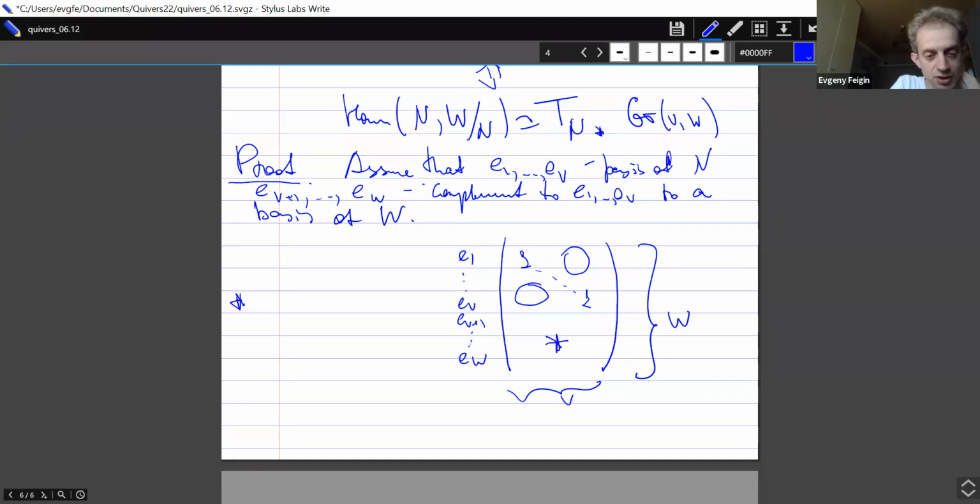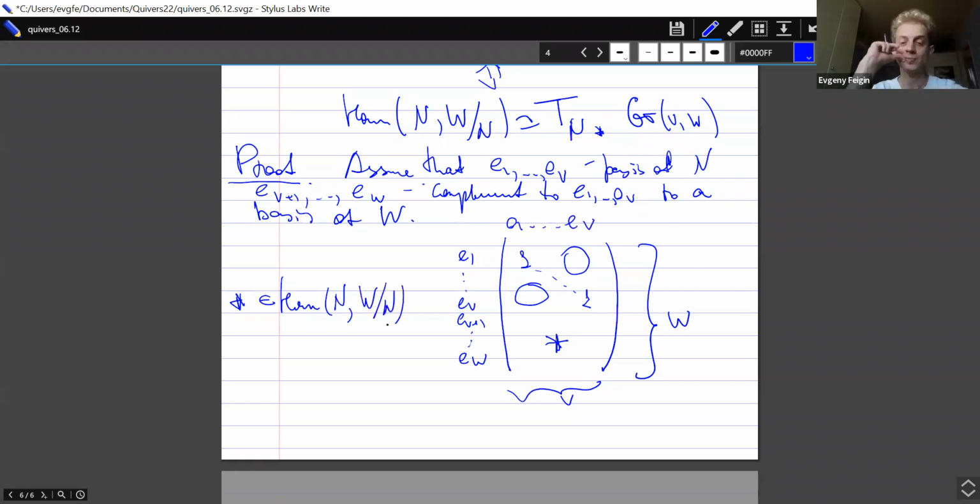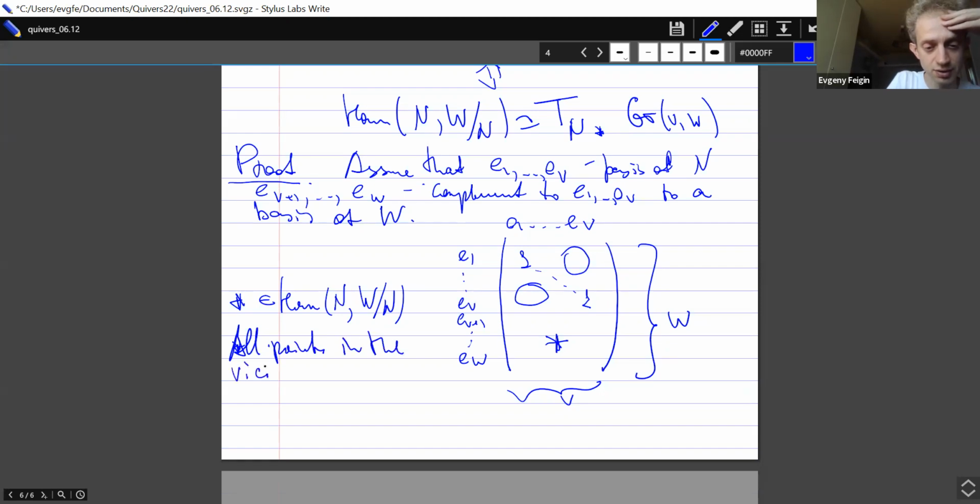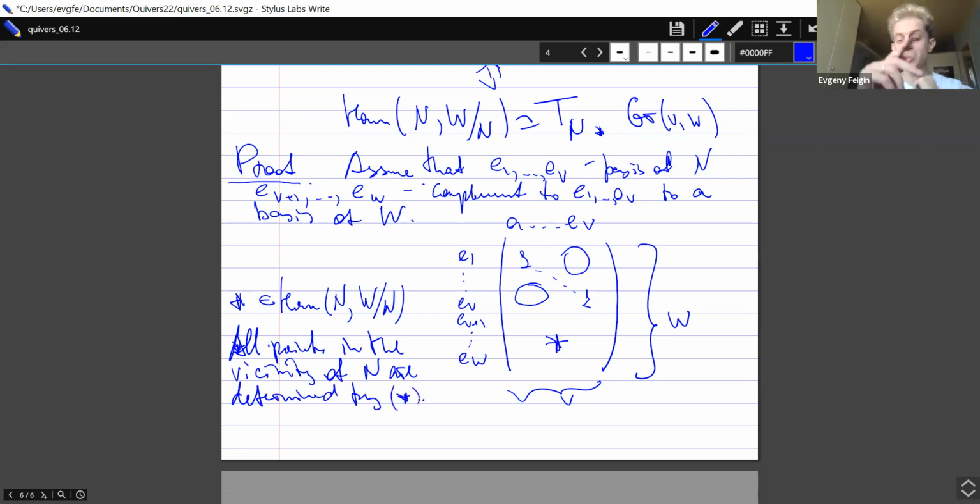So star is an element in Hom, with E1 up to Ev, from N to W mod N. So the claim is that all points in the vicinity of N are determined by the matrix star, and determined in a very exact way.